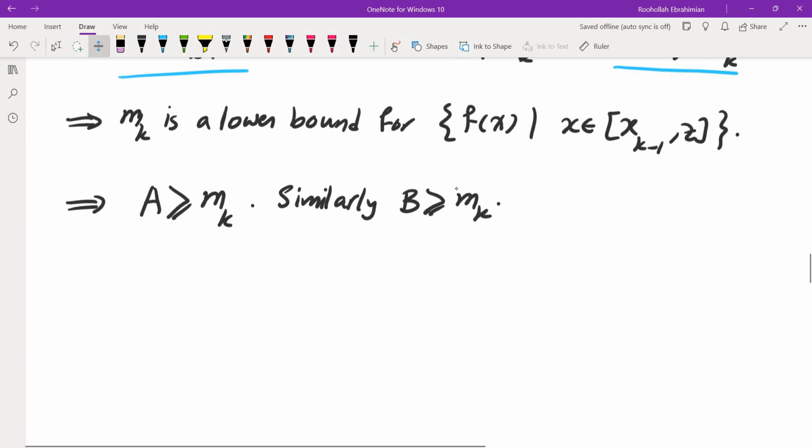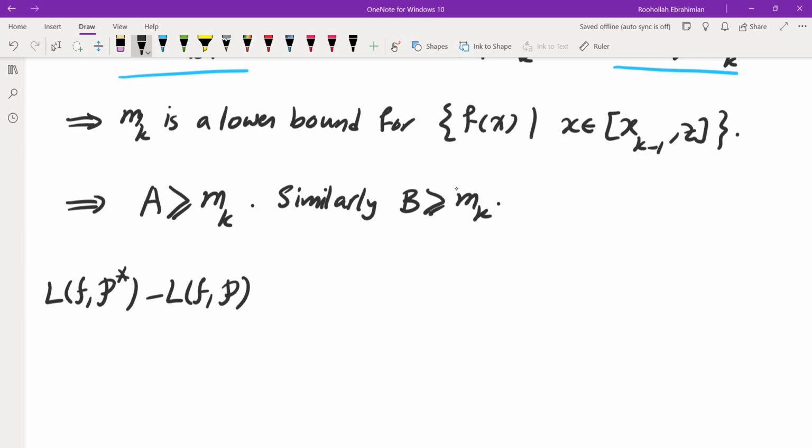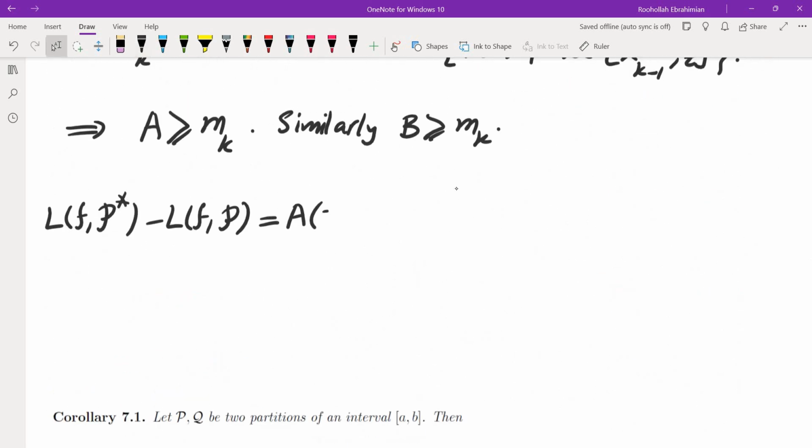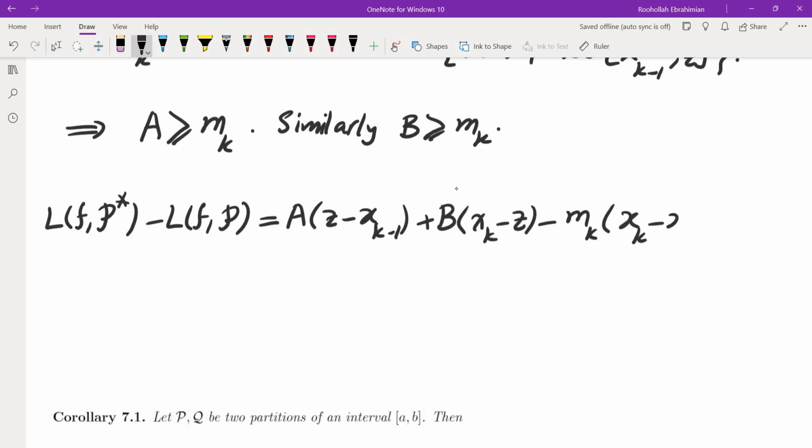Now watch what happens when you write down what we found up there. The lower sum for f with respect to P star minus the lower sum for f with respect to P is equal to a times, if you go back and see what we had, z minus xk minus 1 plus b times xk minus z minus mk times xk minus xk minus 1. Now, we know this is positive, and we know this is positive.